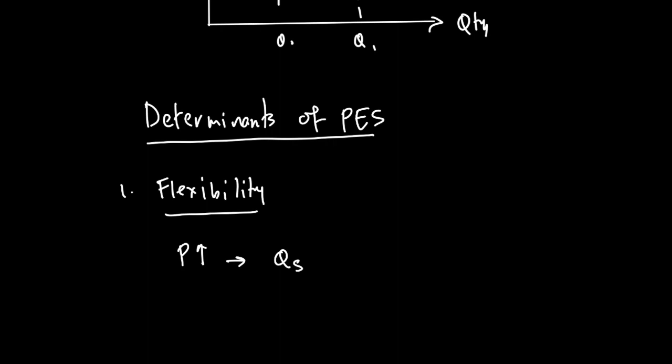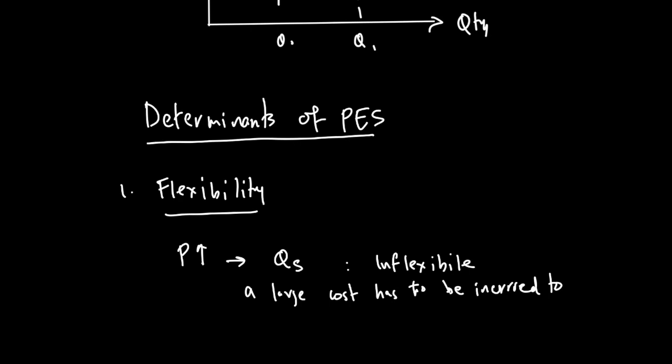And that inflexibility means that if the price goes up and I want to increase my quantity supplied, and I'm inflexible as a producer, then I may need to incur a large cost to increase my quantity supplied.